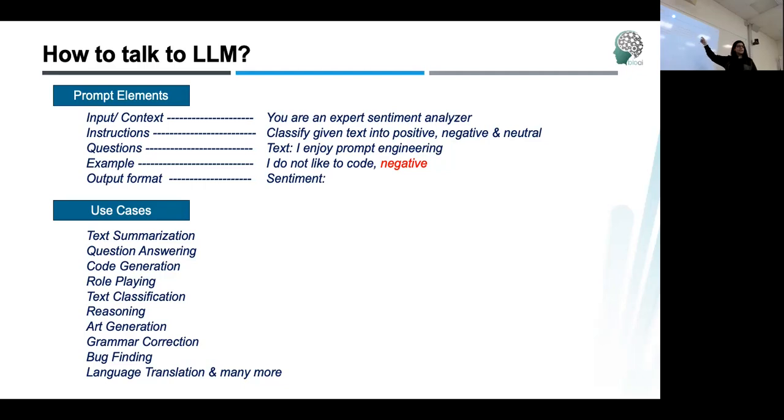This is basically the text that we want it to analyze as a sentiment analyzer, like, I enjoy prompt engineering. And the fourth one is actually optional, an example, which says I do not like to code, which is a negative one. And we are also telling it that you need to output this in that way, like, you need to say either positive, negative, or neutral. So the output format is also very necessary to give in order to talk better with the LLM.